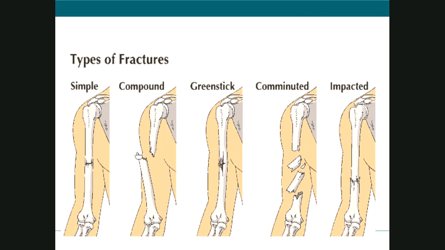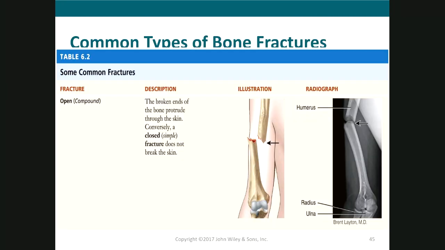Compound fracture, it exits the skin and this would require surgery. This is an example of a greenstick fracture where one end stays connected and the other end bends. Comminuted fracture, it breaks into small pieces, and this is an example of an impacted fracture.